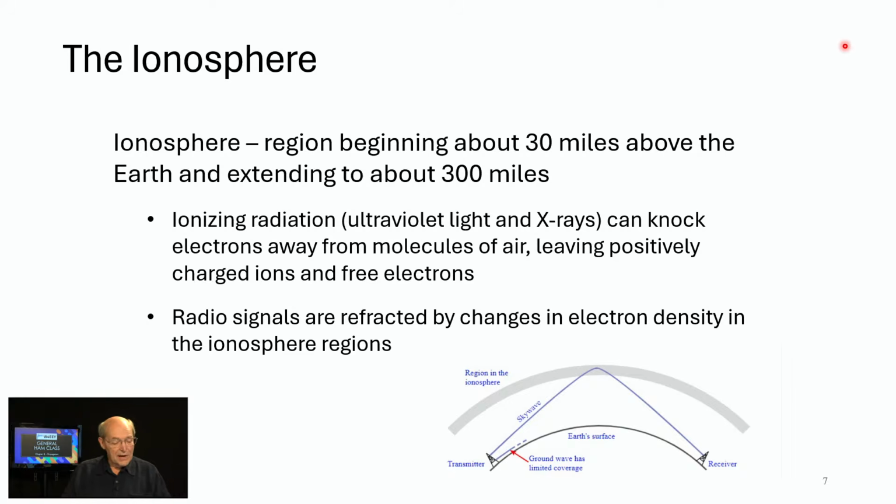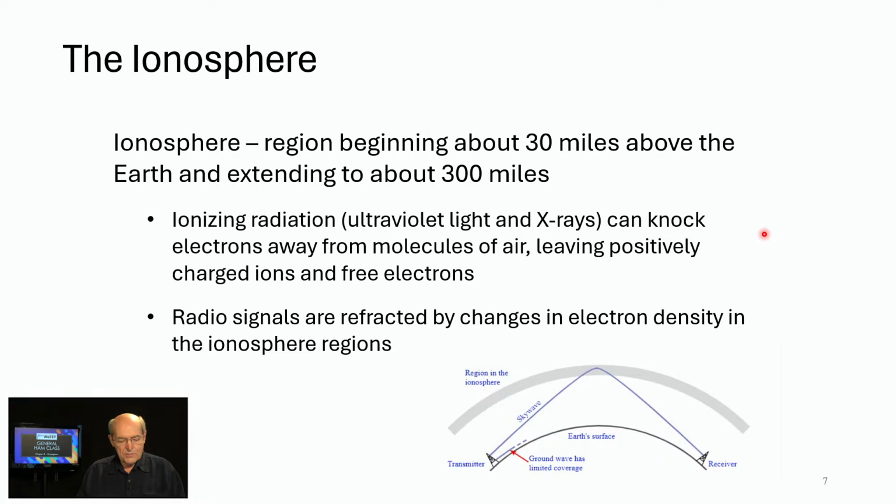So this is all background here. The ionosphere starts about 30 miles above the Earth and goes up about 300 miles. There's something called ionizing radiation. We've got ultraviolet light and X-rays that come down from the sun, and they would wreak havoc with us humans down here if it wasn't for the protection afforded by the ionosphere.